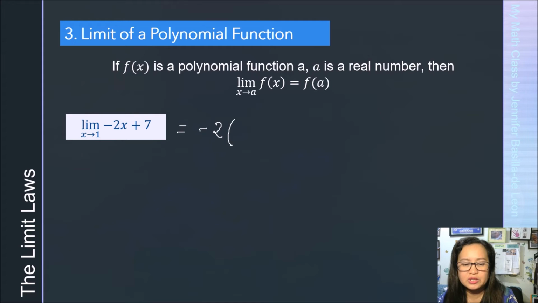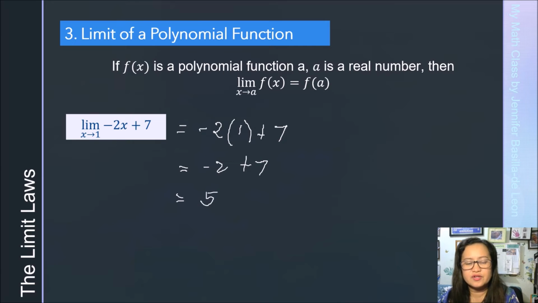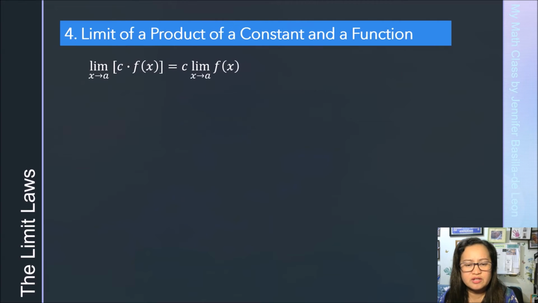We replace x by 1, so we have negative 2 times 1 plus 7. Simplifying this further, we have positive 5. So the limit of negative 2x plus 7 as x approaches 1 is 5. Now what if we have the limit of a product of a constant and a function?